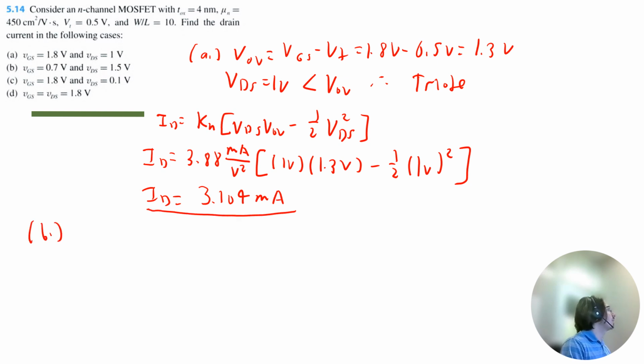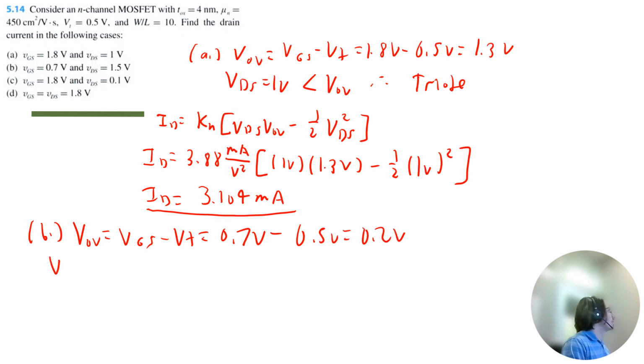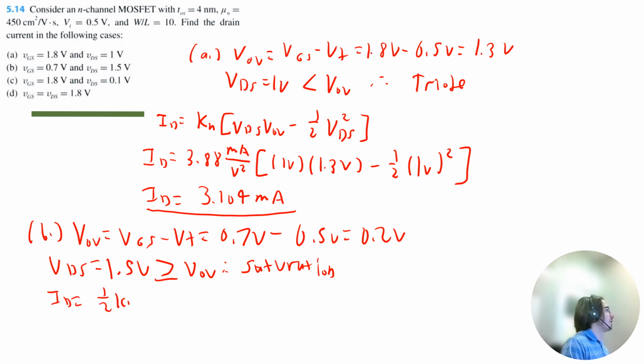Okay, let's do case B. Once again, I want to start by solving for V overdrive, which is the voltage from gate to source minus my threshold voltage, which is 0.7 volts minus 0.5 volts in this case. So V overdrive is 0.2 volts. V_DS is equal to 1.5 volts, which is greater than V overdrive. So in this case, we're in the saturation region. Our current can be calculated as 1/2 K_n V overdrive squared.